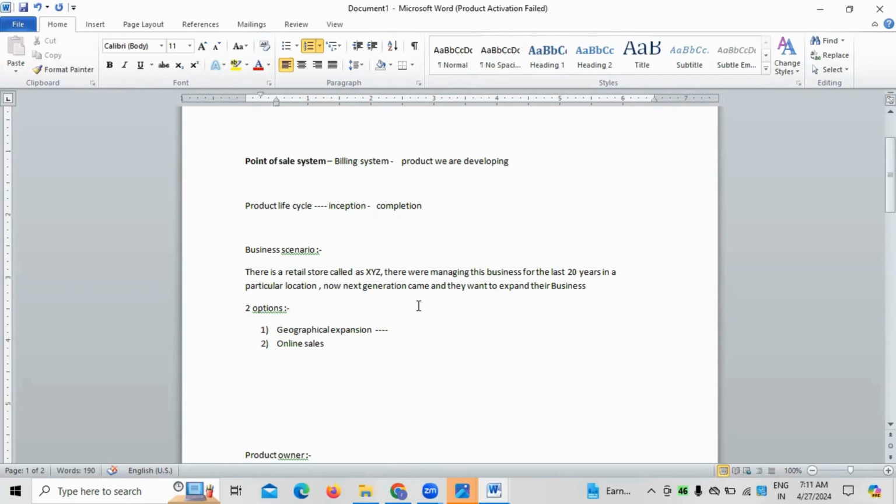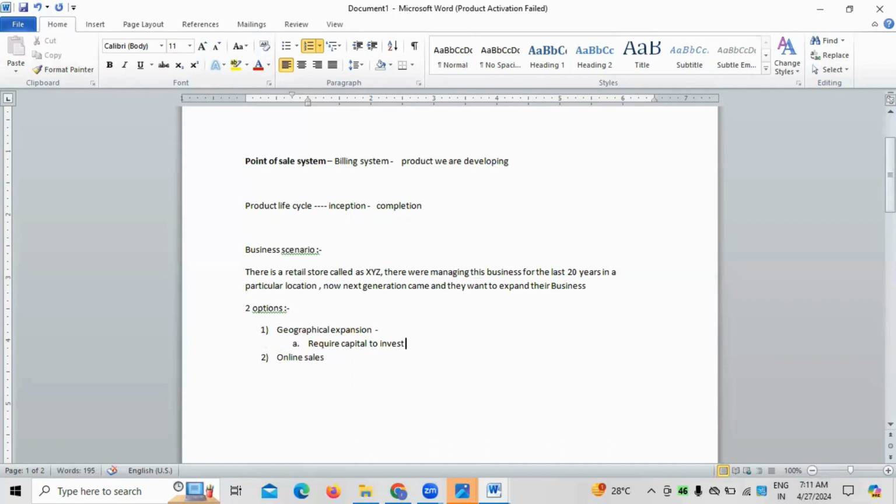In this process of business expansion, you require some capital to invest. This is in your hands, because how much money is required and the place selection, everything is in your hands. Depending on the place selection, how big a store you want to open, and how much capital is required.